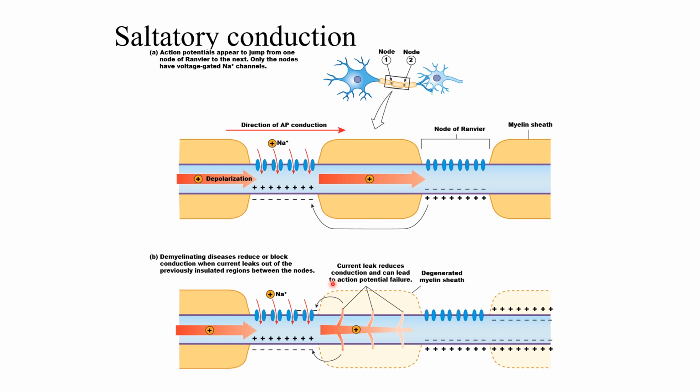A disorder where individuals start losing their myelin sheath is multiple sclerosis. So with multiple sclerosis, the myelin sheath all of a sudden starts to degrade, and the action potentials are going to start losing their strength.